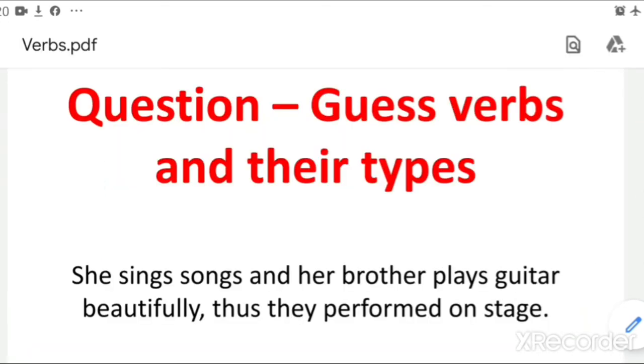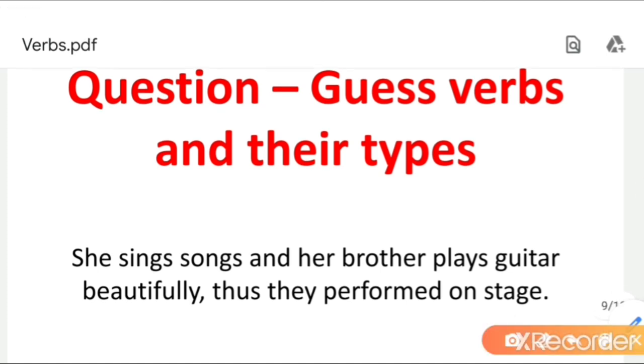Here I have a question for you based on all these types. In part 1: she sings songs and her brother plays guitar beautifully, thus they performed on stage. Now you have to guess the verbs and their types. You have to write them in the comment section below.